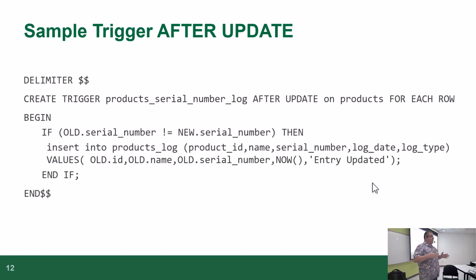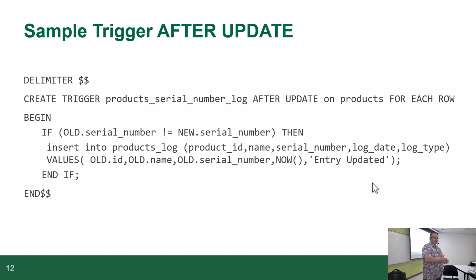When you use for each row, it means for every row being affected by the insert, update, or delete, it will fire this trigger. If you do not include for each row, it'll fire once for the entire statement. So for each row means for every row you're affecting, it will run this trigger. If you do not have for each row, it means it'll do it for the whole transaction. So you could be inserting 1,000 rows, but it'll only ever fire the trigger off once before it tries to do all the inserts. Just different usage patterns.